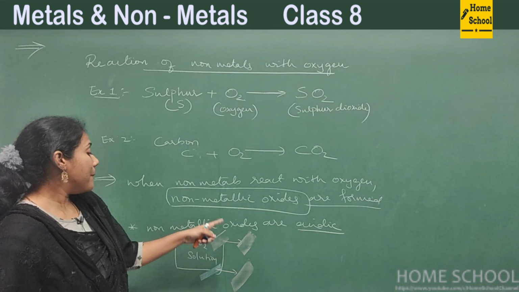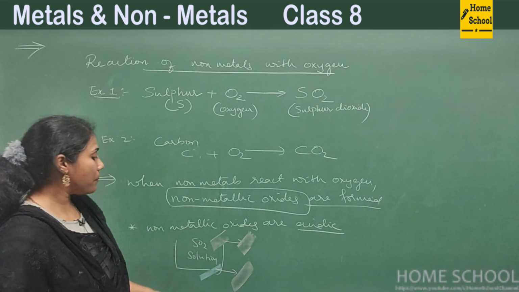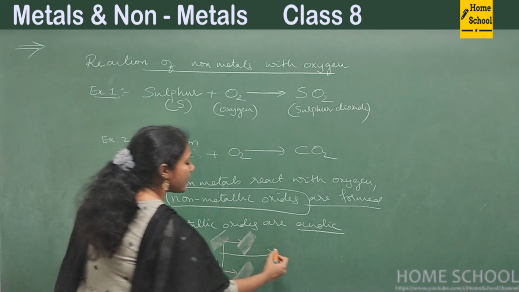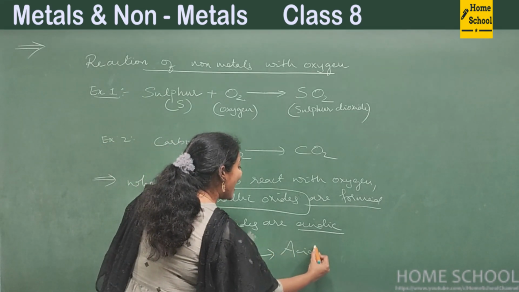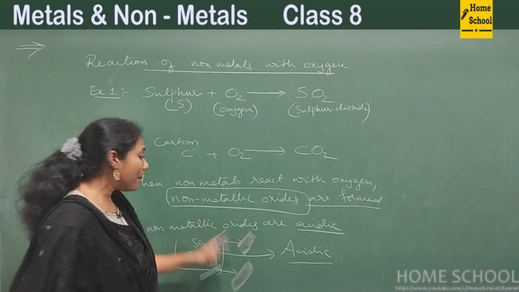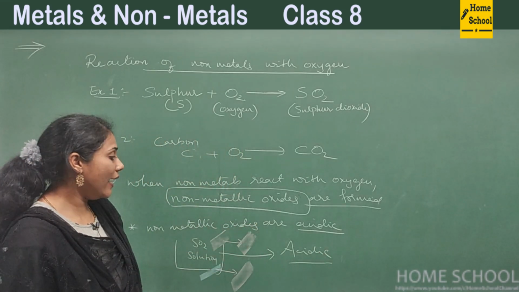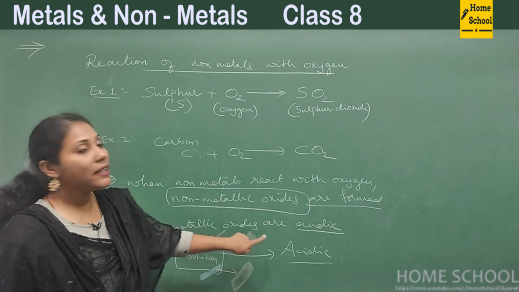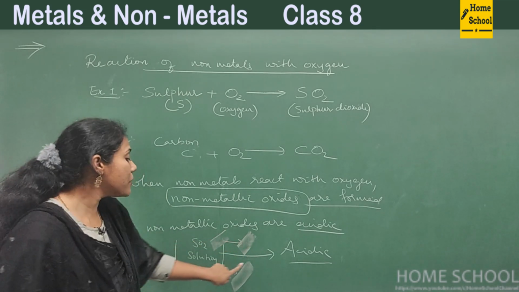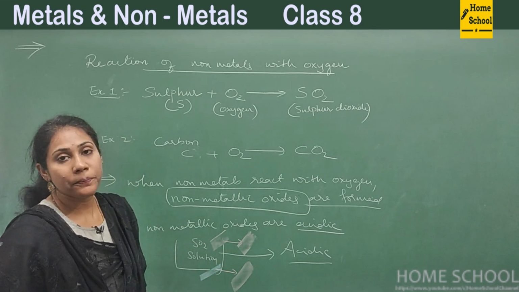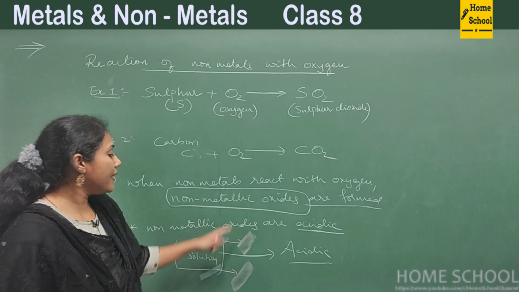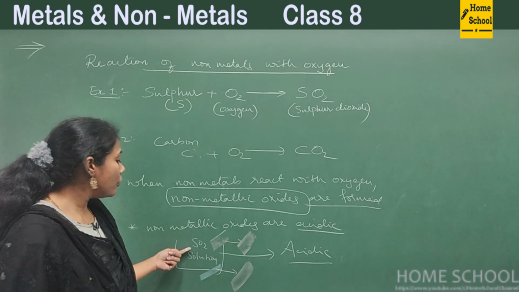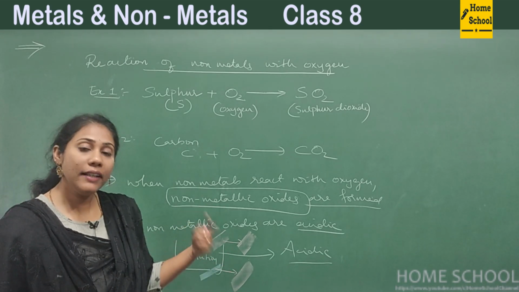By the change in color of litmus paper, I can confirm that this sulfur dioxide solution is acidic in nature. It behaves as an acid. Only if something is an acid, red litmus paper remains red and blue litmus paper gets converted into red. So by this litmus paper test, one can identify whether a solution is acidic or basic.